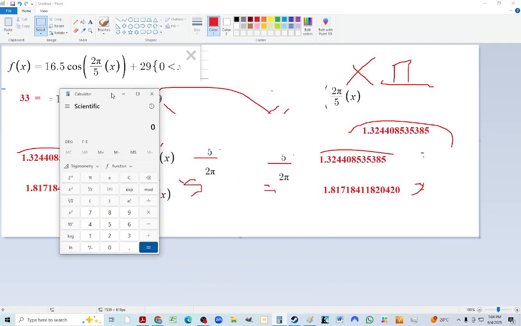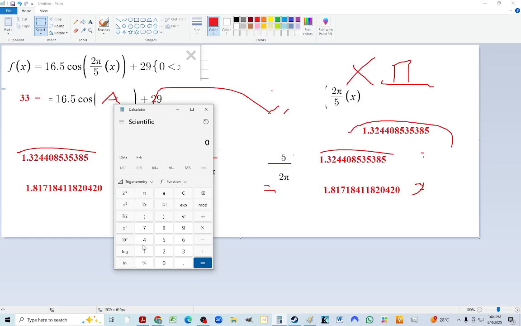I will take the 1.32 just like this, and I will multiply by 5 and divide by 2 pi. Sometimes you have to put it in brackets. And it equals, so it happens at 1.05 seconds.